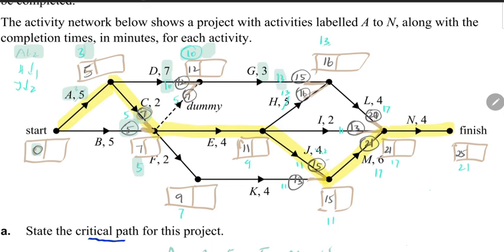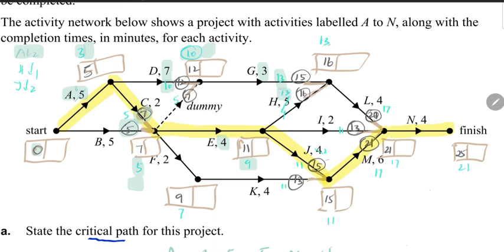Now let's come along E and H. So 5 plus 4 will be 9, and 9 plus 5 is currently 14, if I hadn't reduced H. So let me reduce H by 1 to make it 4, so 9 plus 4 will now be 13.